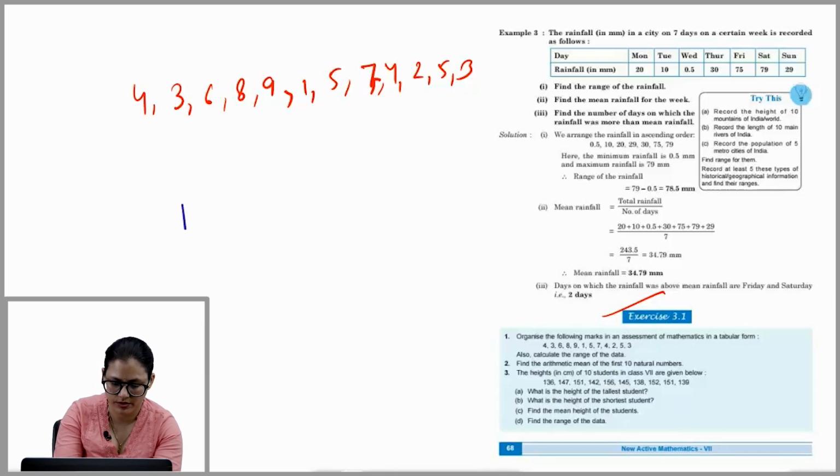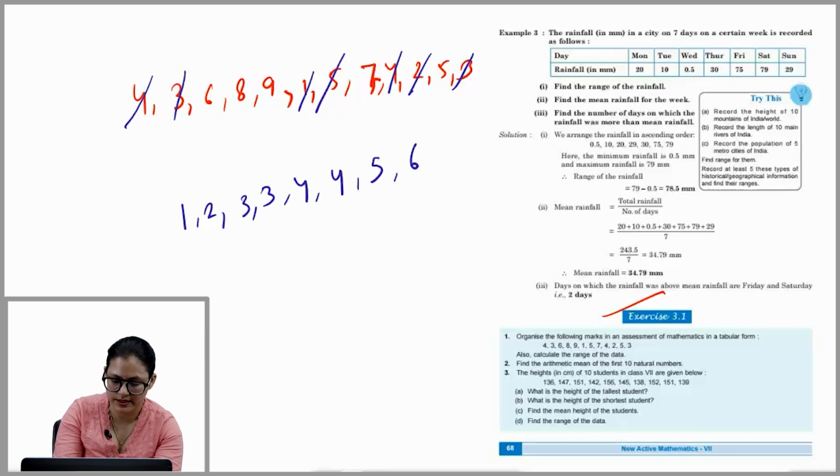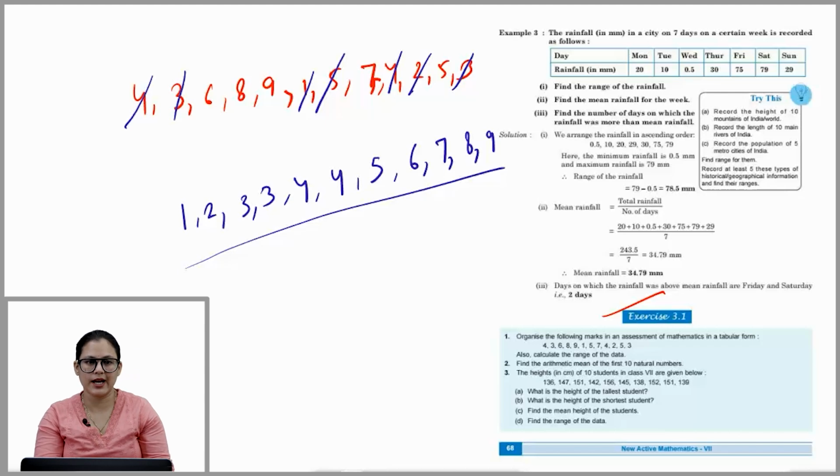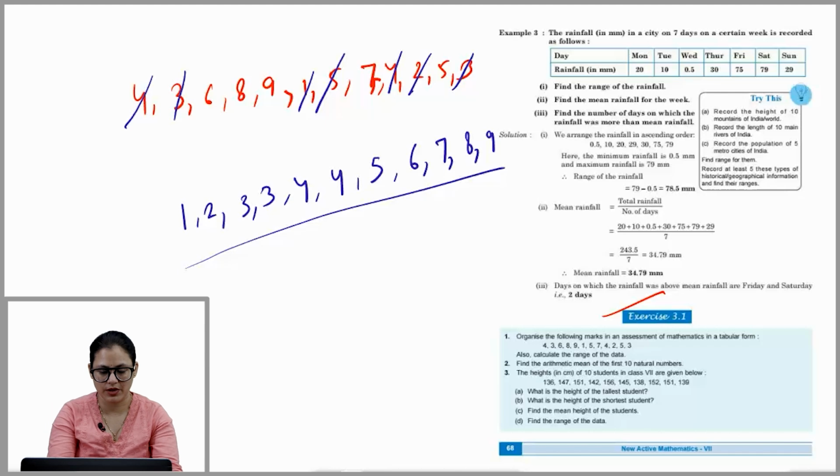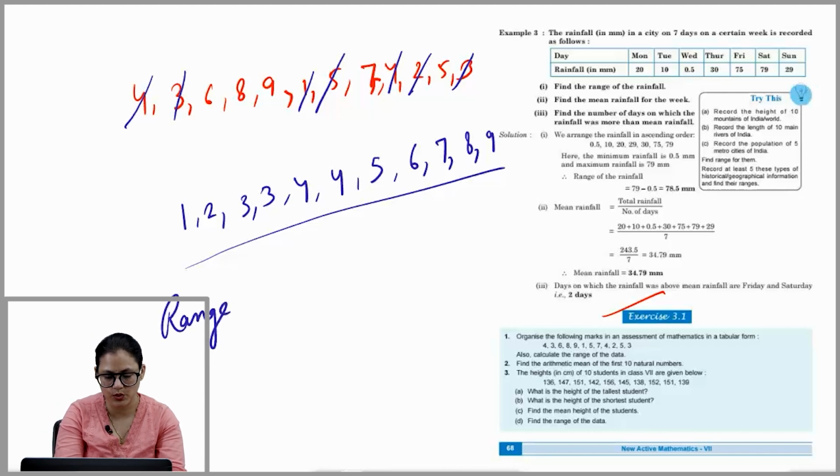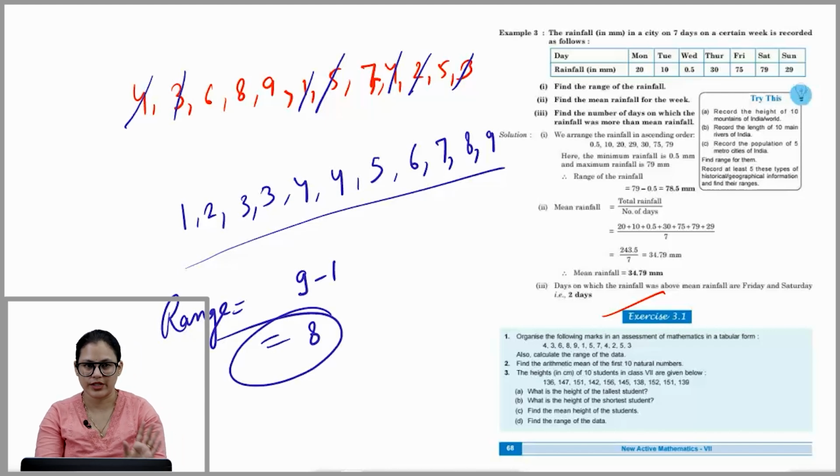So 1, then 2, then 3, and there is one more 3, then 4, one more 4 is there, then you have 5, then 6, then 7, then 8, then 9. So clearly you can see that 1 is the lowest number and 9 is the highest number. So you have to find out the range. Range is equal to highest number minus lowest number. So 9 minus 1 is equal to 8. So this is the range.